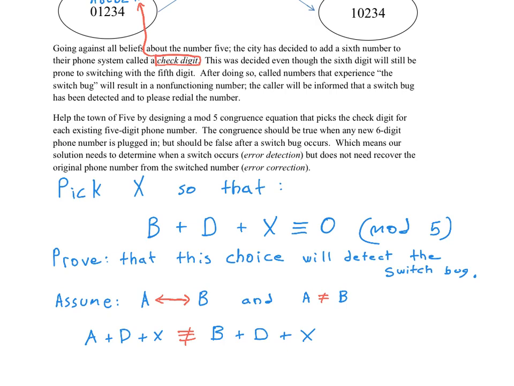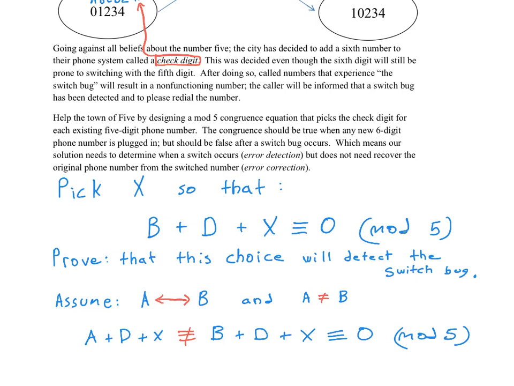But B plus D plus X is congruent to 0 in mod 5. So A plus D plus X, after the error has occurred, we no longer get 0. So this proves that we'll be able to detect any switch.